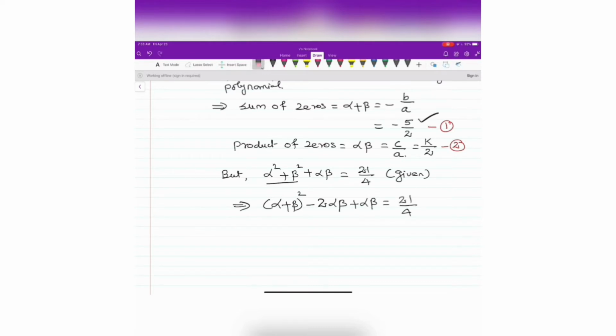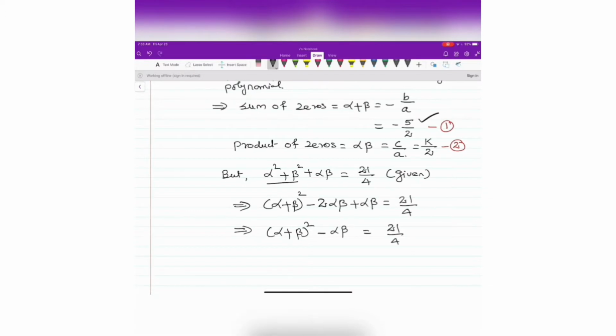This can be written as alpha plus beta the whole square minus 2 alpha beta plus alpha beta is going to be minus alpha beta is equal to 21 by 4.